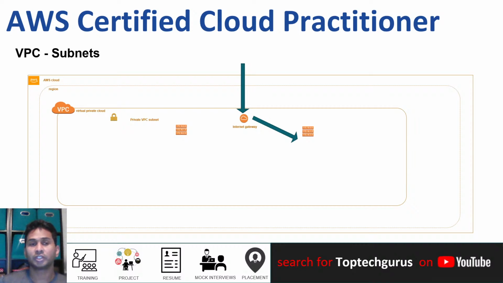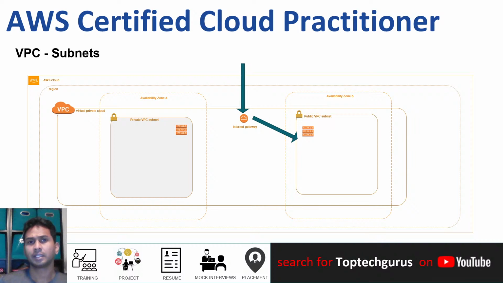Within your virtual private cloud and within your region, say you have a couple of availability zones that you're using, zone A and zone B. You will have to define two different subnets, because a subnet is a range of IP addresses.